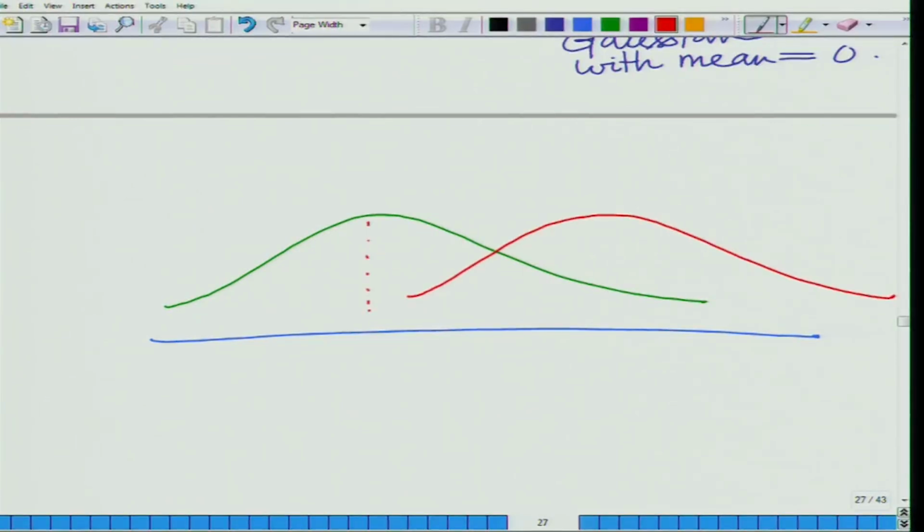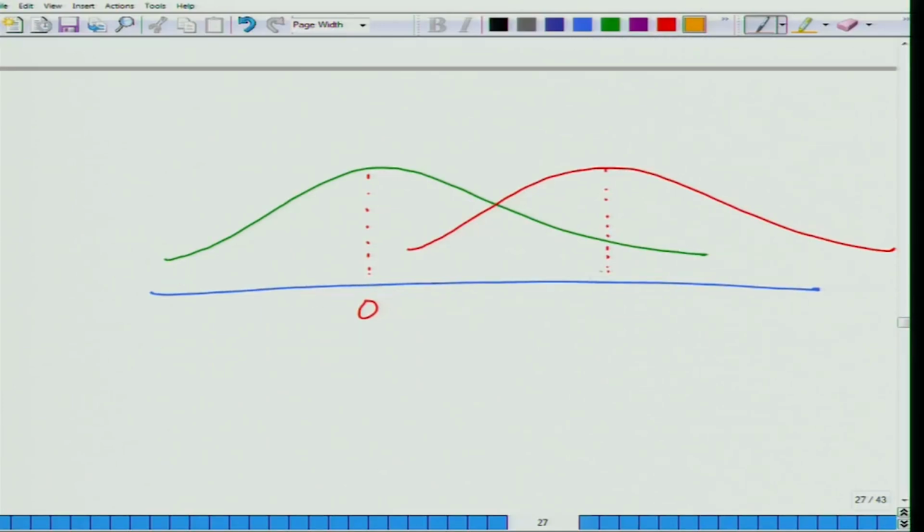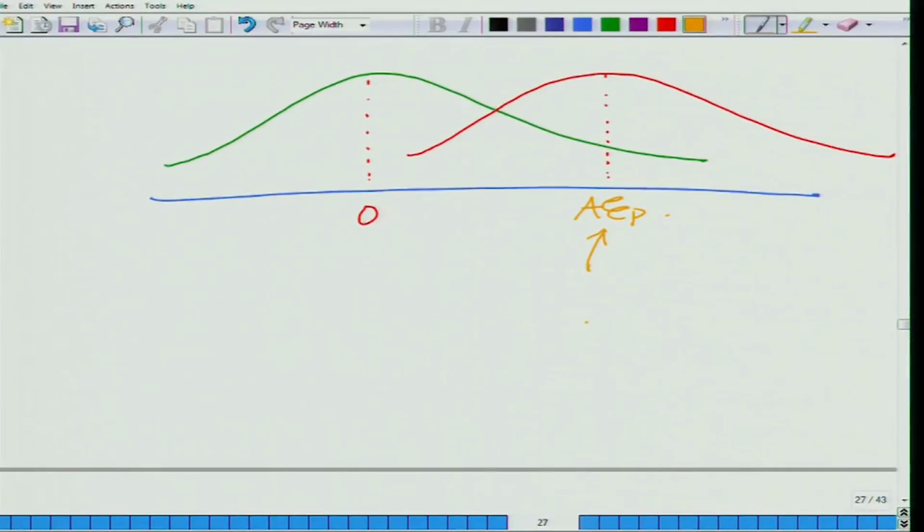In one case the mean is A times E_p, and this corresponds to bit 1, and the other, with mean 0, is the Gaussian for bit equal to 0.